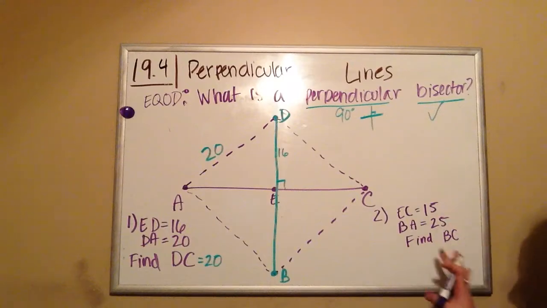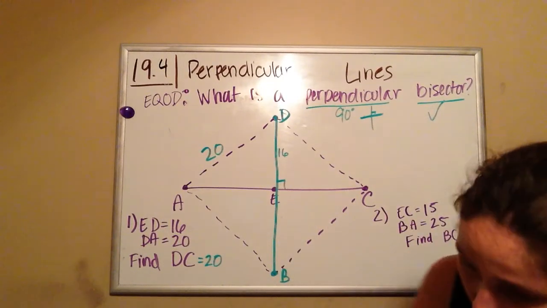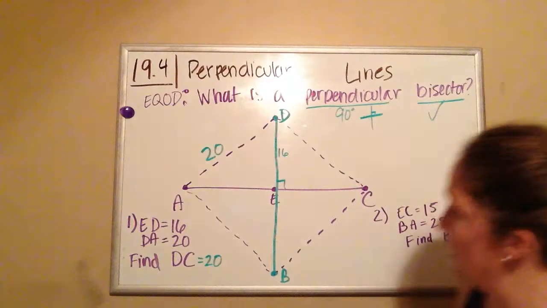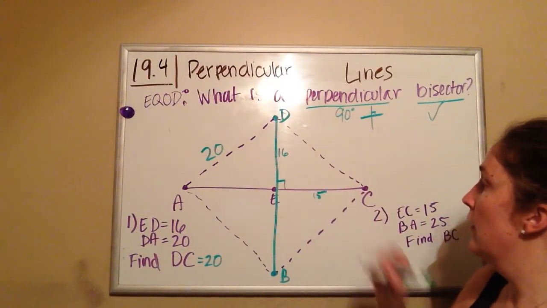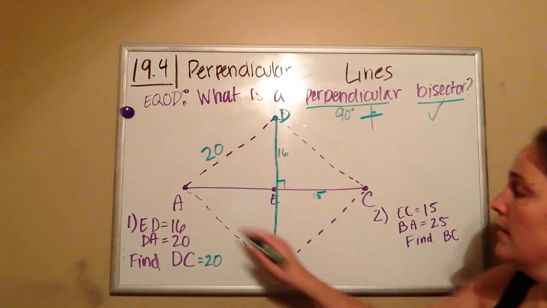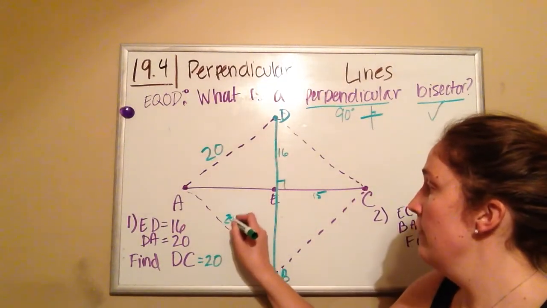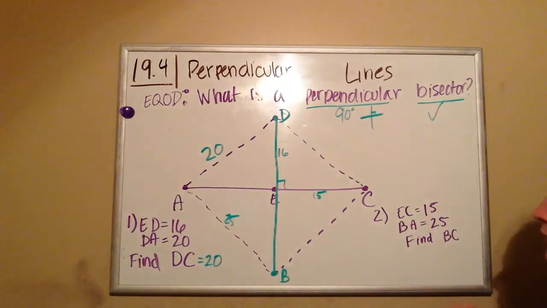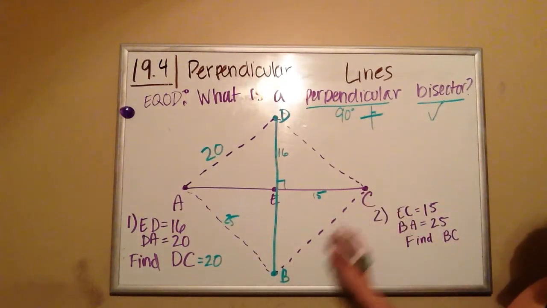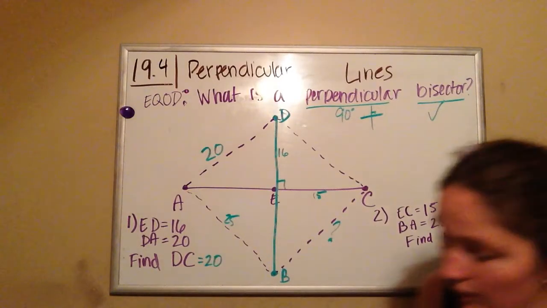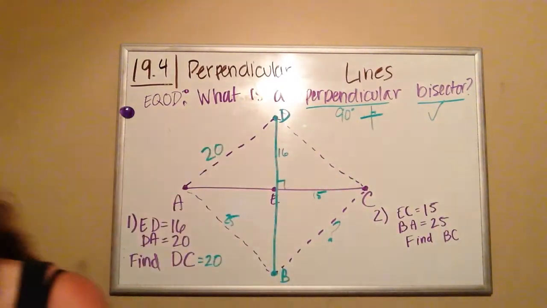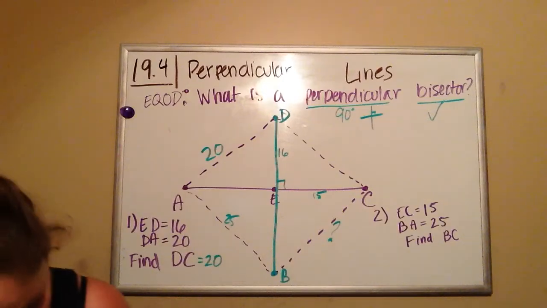I'm going to let you do that one on your own. So EC, I will draw it in to help us visualize, but I want you to solve it on your own. EC is 15. BA is 25. And we're finding BC right here. That's what we're trying to figure out, what that length is.